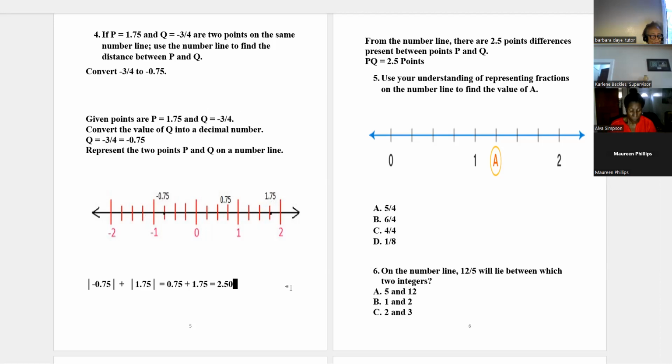Now, Maureen, are you there? Yeah, Miss Barbara. How could you find it on the number line? 0.75 is right here. 1.75 is here. How could you find that on the number line?